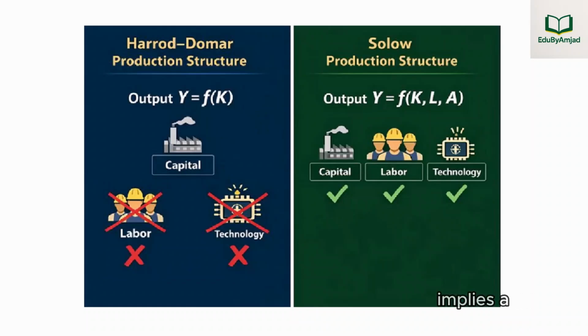This assumption implies a fixed capital output ratio and no scope for substitution between factors of production. As we will see, this simple production structure plays a central role in making the Harrod-Domar model unstable and divergent whenever the economy deviates from its warranted growth path.